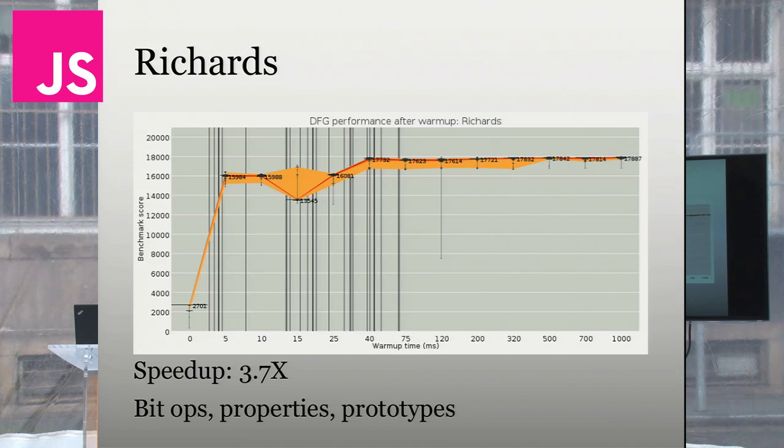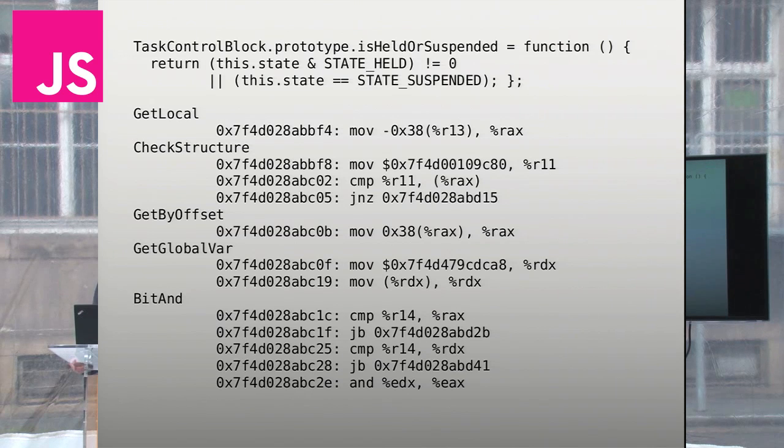So 75 milliseconds in this benchmark, and the DFG's done all that it sees fit to do. And so we get a 3.7 times performance increase. 1.0 would be no increase at all on this particular benchmark relative to the baseline JIT measured over a full second. And now we get into hardcore stuff.